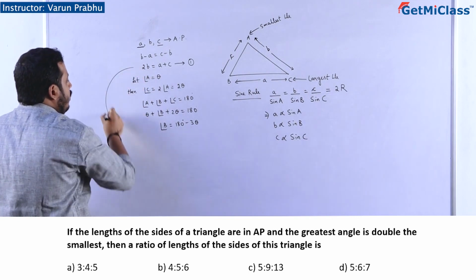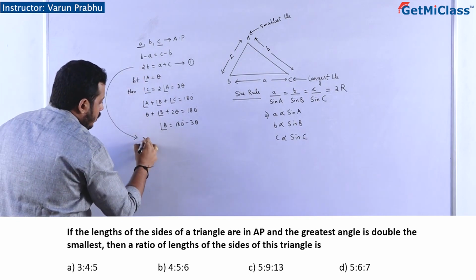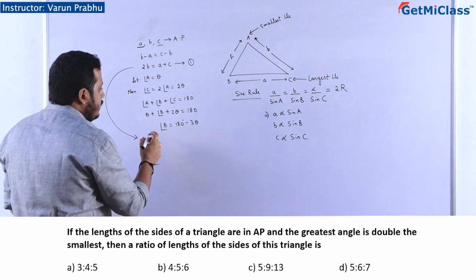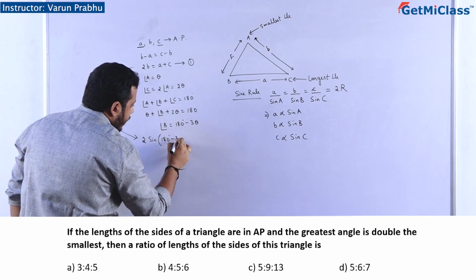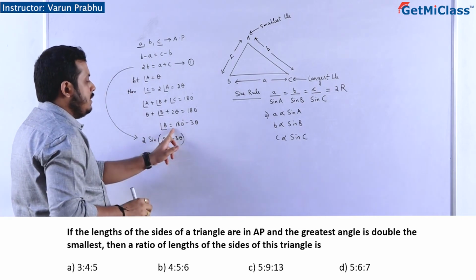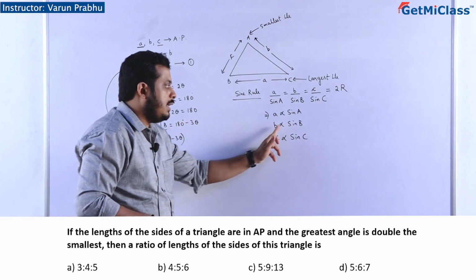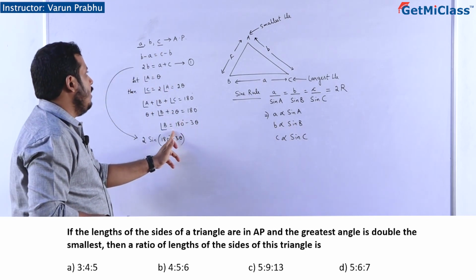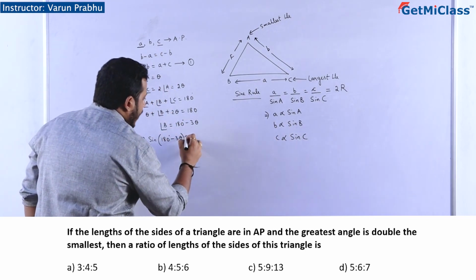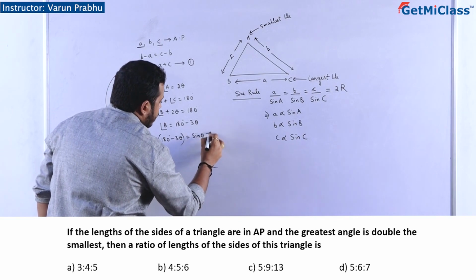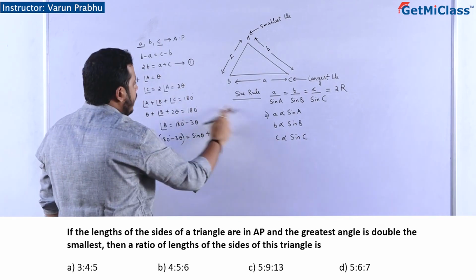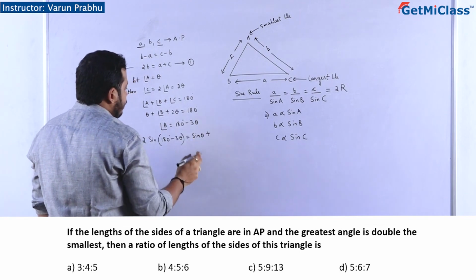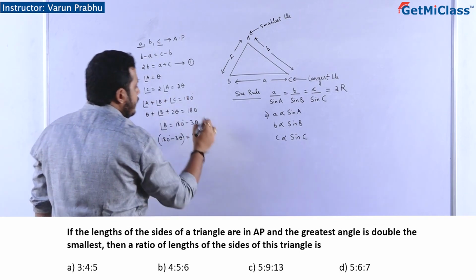So we can write, because it is directly proportional, 2 times sin B, where angle B is 180 degrees minus 3 theta, is equal to sin A, which is sin theta, plus sin C, which is sin 2 theta.